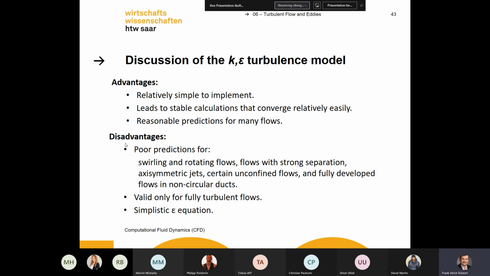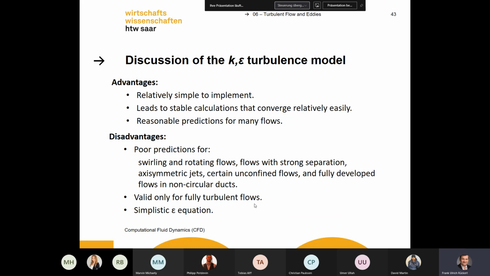But it has some disadvantages. It is not so good for swirling and rotating flows and flows with strong separation. Axisymmetrical jets are difficult to describe. Also, it's only valid for fully turbulent flows.